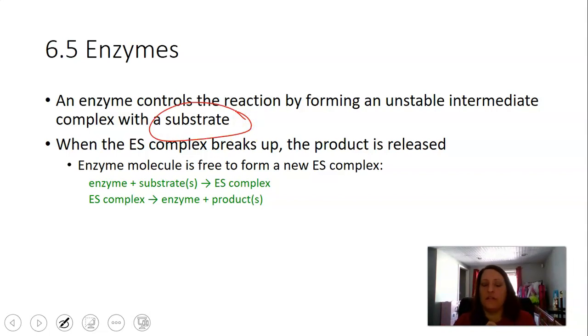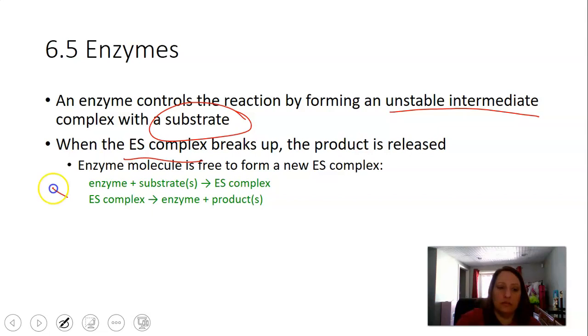And that's going to form something called the enzyme substrate complex, or the ES complex. Once that binding happens, we will reach the unstable intermediate, the transition state, and then products will be formed. Once the products are formed, they get released from the enzyme substrate complex.